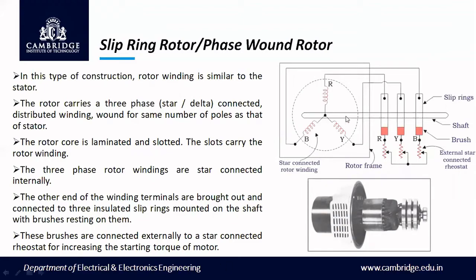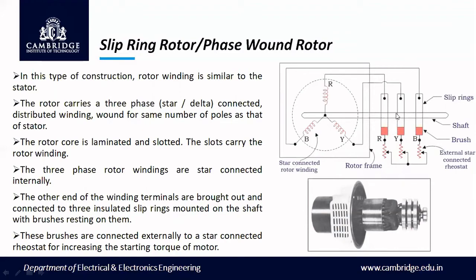You can see here, internally the three phase winding is star connected, and the other end of the windings will be brought outside from the terminal box and connected to three insulated slip rings. These are the three insulated slip rings, which are mounted on the shaft with brushes resting on them.